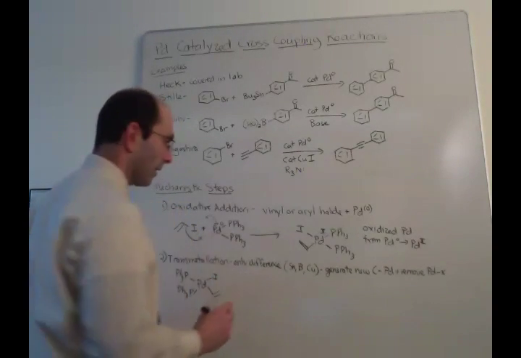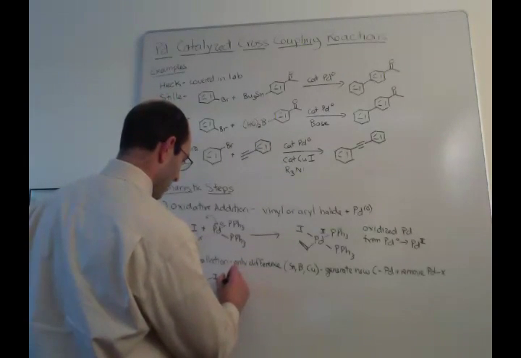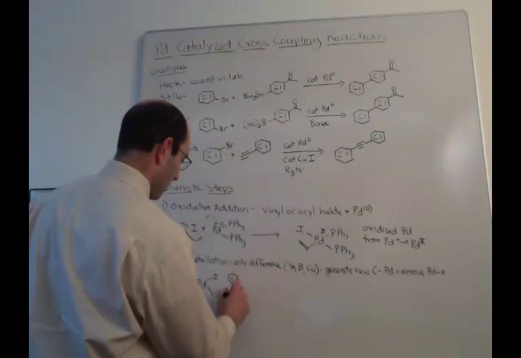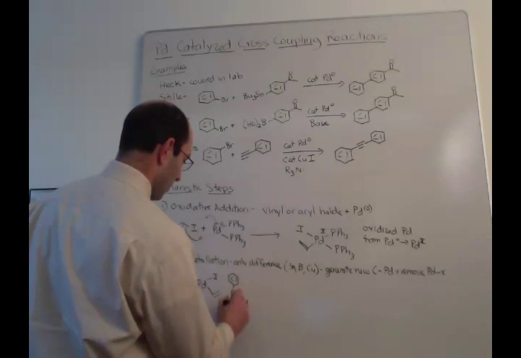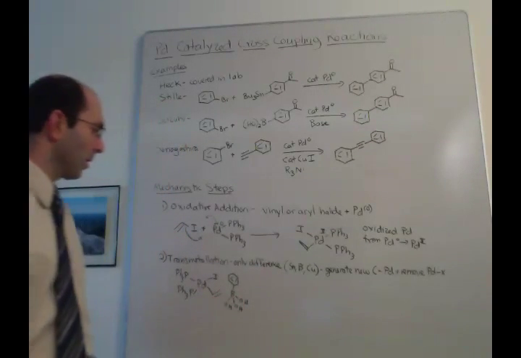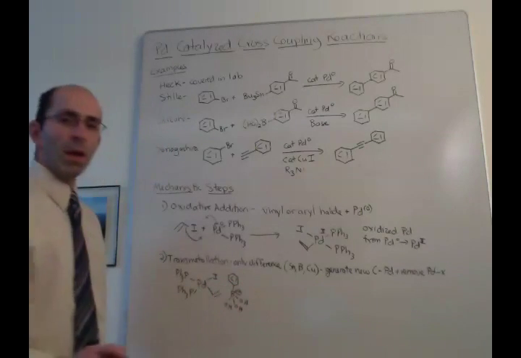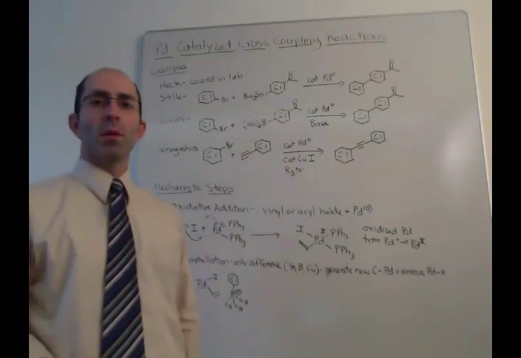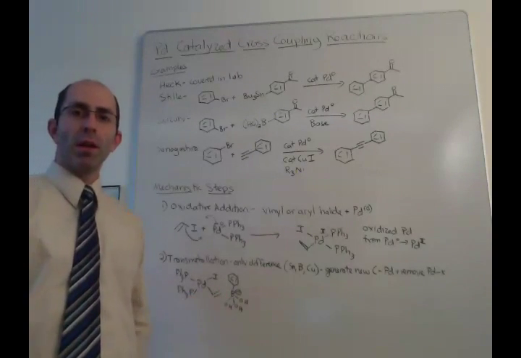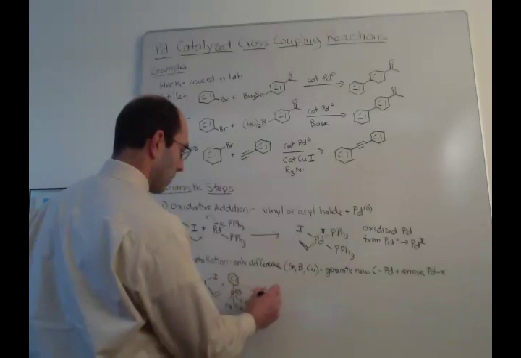And if we reacted that with a boron compound, and we'll see when we talk in more detail about the Suzuki reaction that it has to be a borate, a boron that has a negative charge. So this would be the Suzuki reaction.